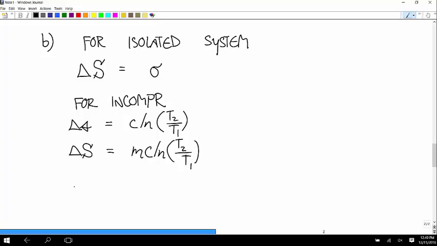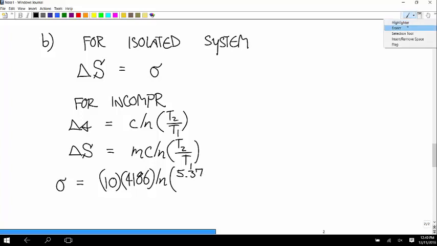Okay, so the entropy produced is the mass of the water times 4186 times the natural log of the later temperature of the water, which is 5.37. Oh, we need to do it in Kelvin.